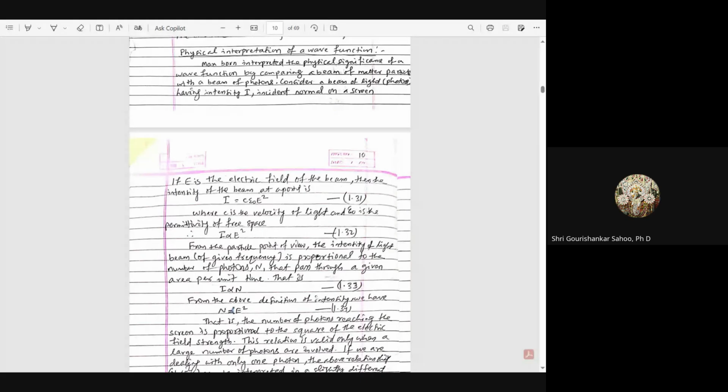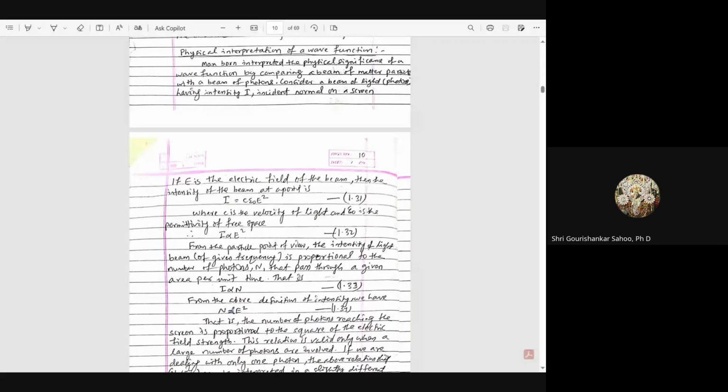From the particle point of view, the intensity of a light beam of a given frequency is proportional to the number of photons, capital N, that pass through a given area per unit time. Hence, you can write I is directly proportional to capital N, the number density.